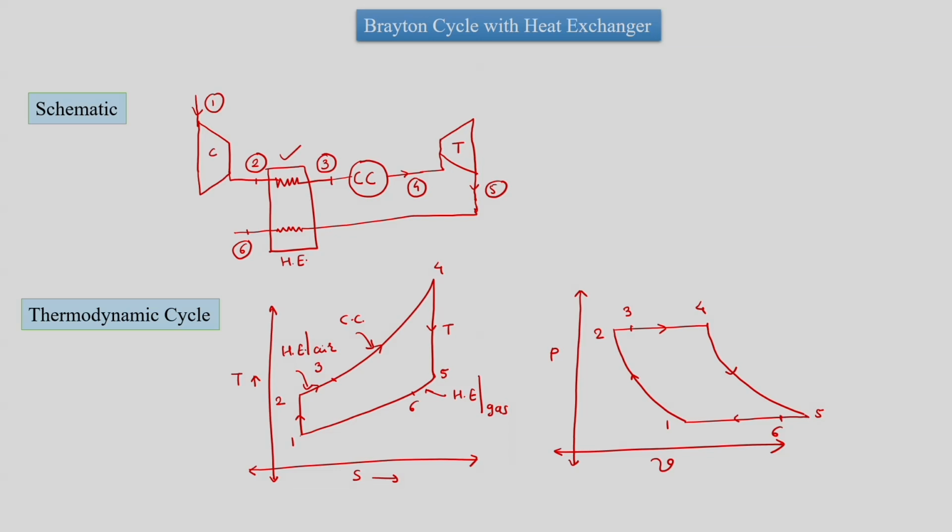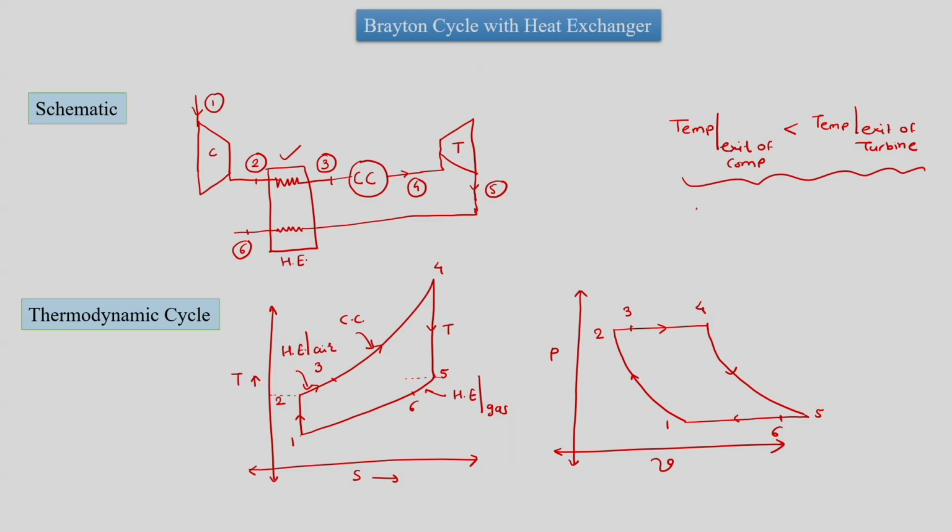The point which we should note here is that the temperature at 2 has to be lower than the temperature at 5. That means the temperature at the exit of the compressor has to be lower than the temperature at the exit of the turbine to implement the heat exchanger. So this remains the criterion to implement the heat exchanger.